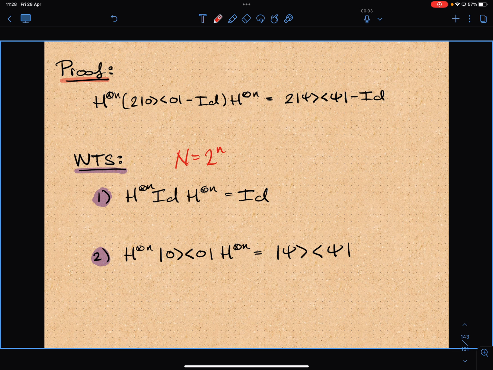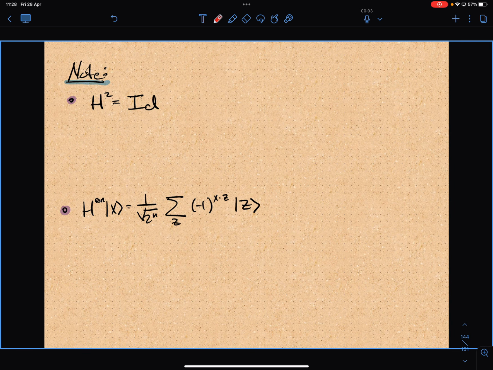We have two remarks. The first is that h squared is equal to the identity, and in this case, we recall that h is equal to 1, 1, 1, minus 1, with a factor of 1 over root 2. This is our Hadamard gate.